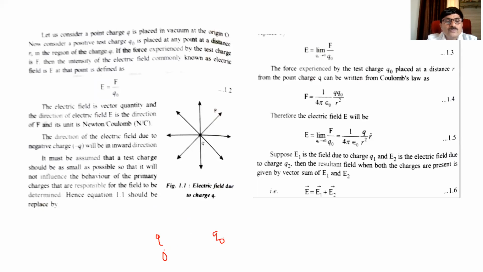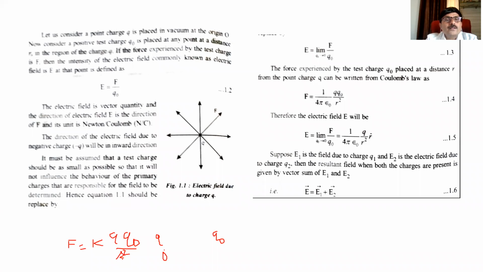Obviously, the test charge should be very small as compared to this charge Q. Then the force experienced by the test charge due to this electric field of the charge Q will be given as F is equal to k into Q into Q0 divided by r square, as per the definition of Coulomb's law.